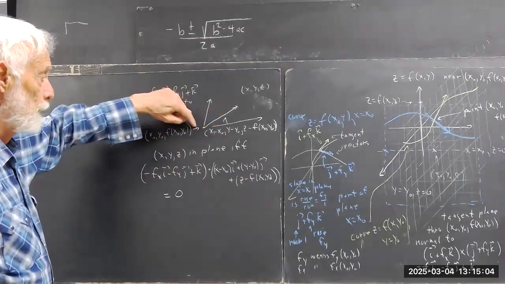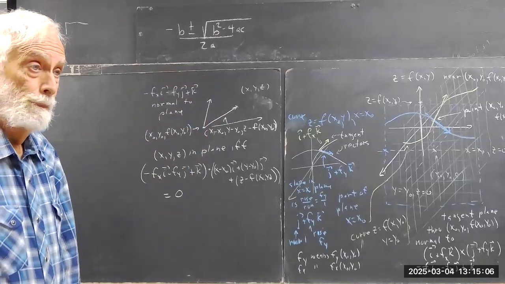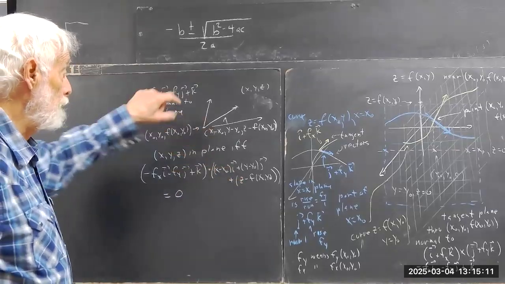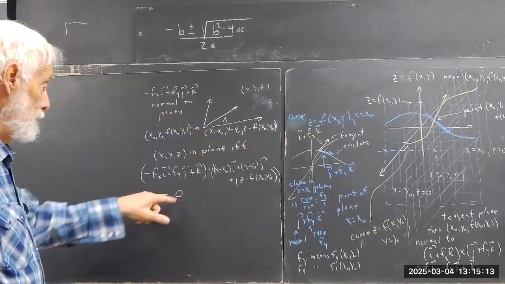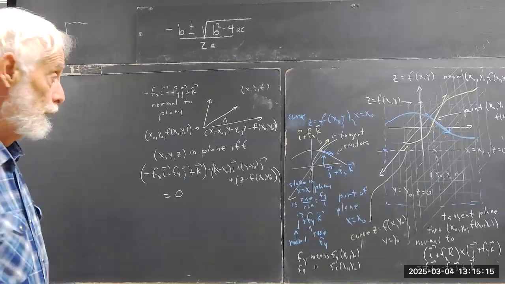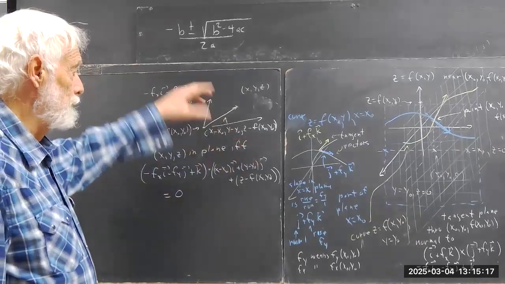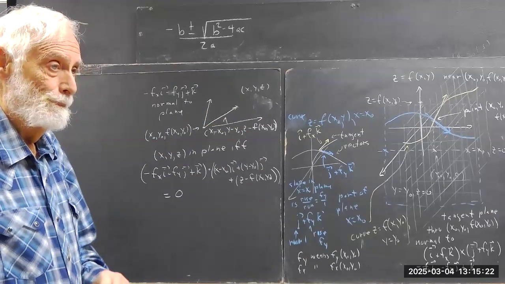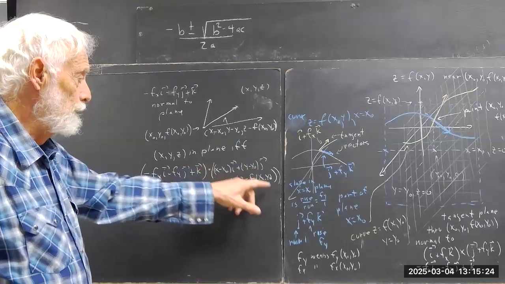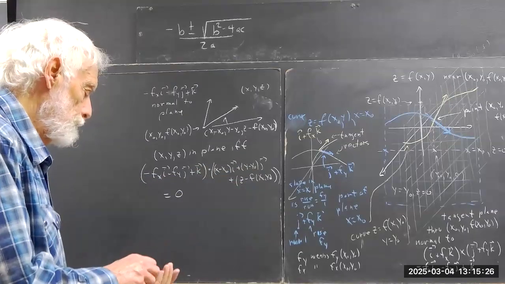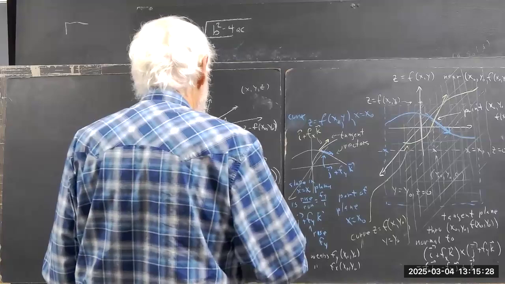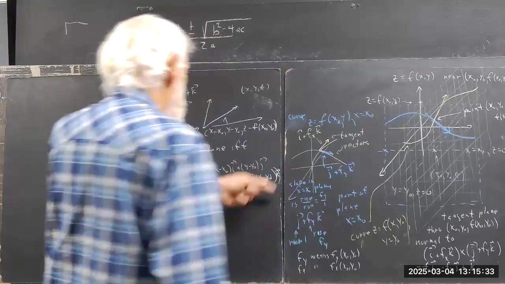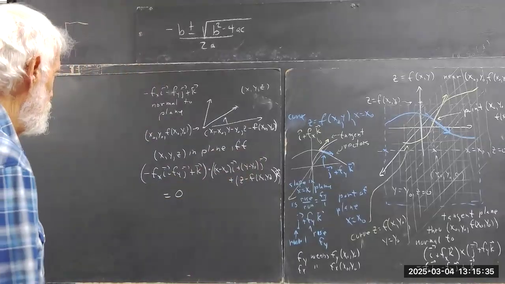x, y, z is in the plane if and only if this vector is perpendicular to this. Now, this vector is perpendicular to this one means the dot product of this vector with this vector is zero. Now, I wrote this vector in terms of an ordered triple with an arrow over it, but I wrote it in terms of i, j, and k components here, except I didn't put a hat over k. The k's in there whether you can read it or not.